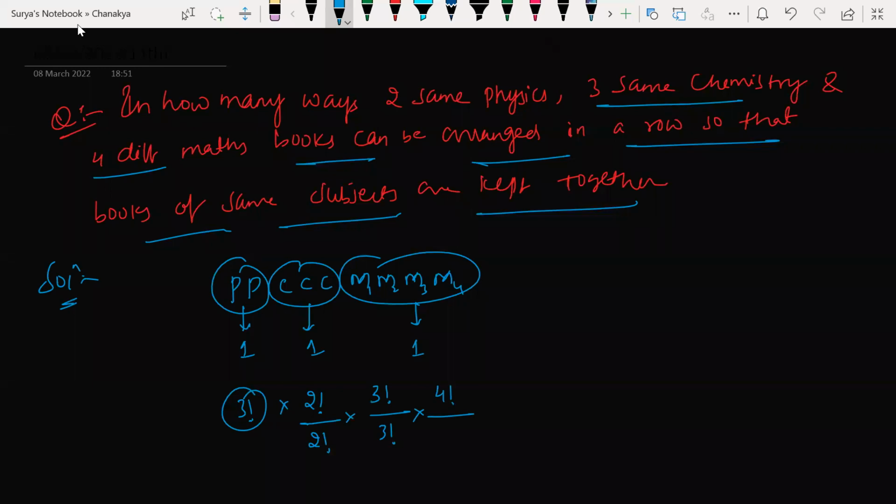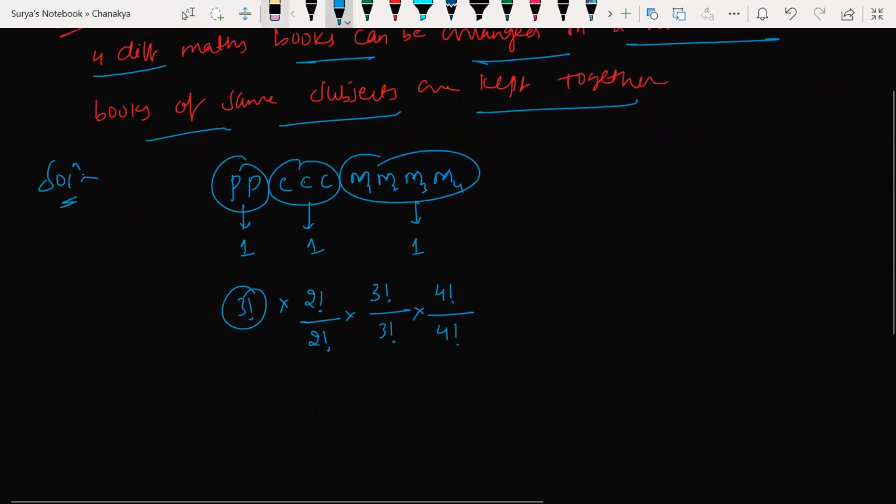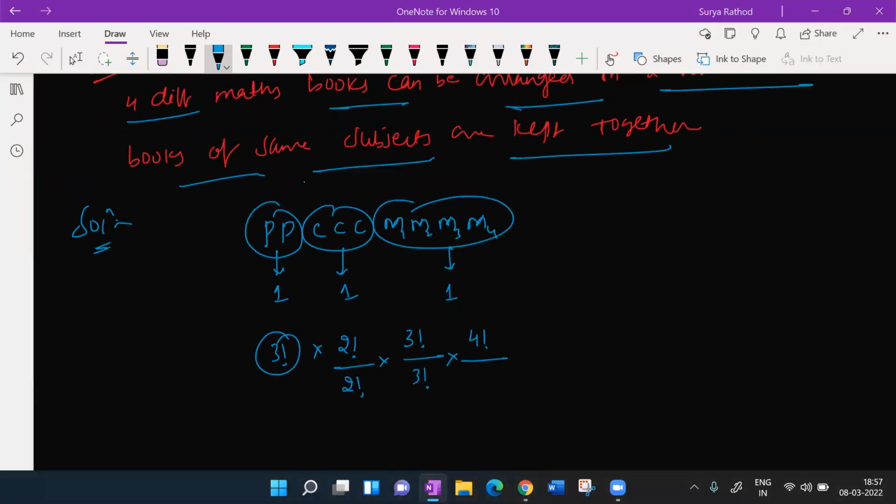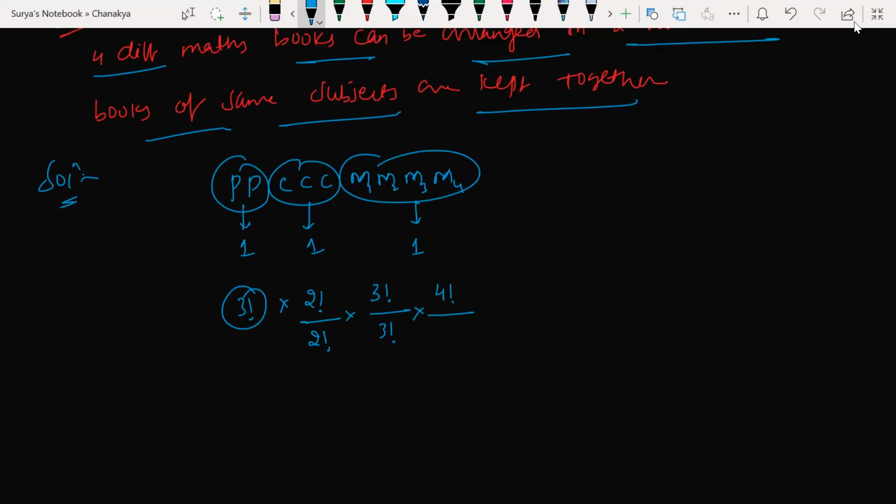Do we write 4 factorial divided by 4 factorial or only 4 factorial? Only 4 factorial, because the 4 math books are different, so each is 1 factorial.